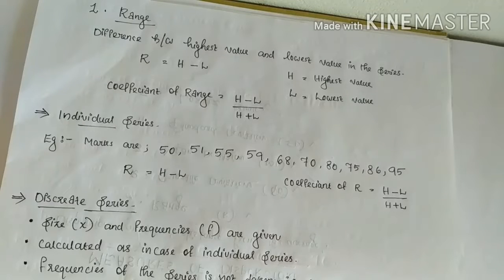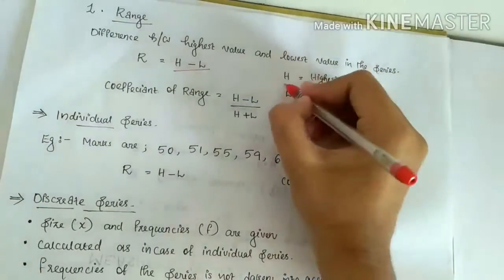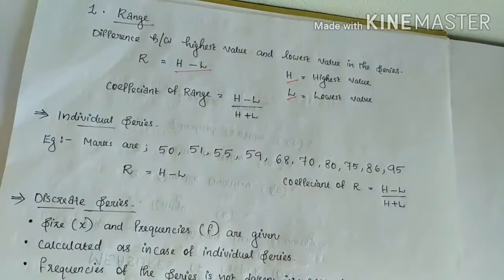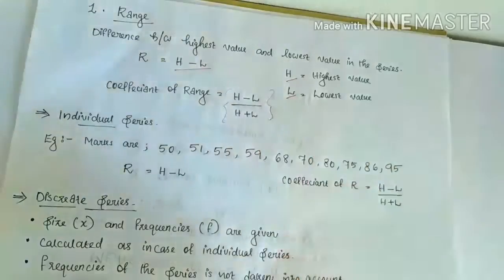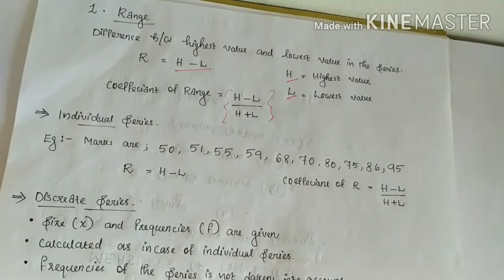It is calculated using the following equation, that is range is equal to H minus L. Here H means highest value, L means lowest value. The coefficient of range can be calculated by using this equation, that is H minus L divided by H plus L.